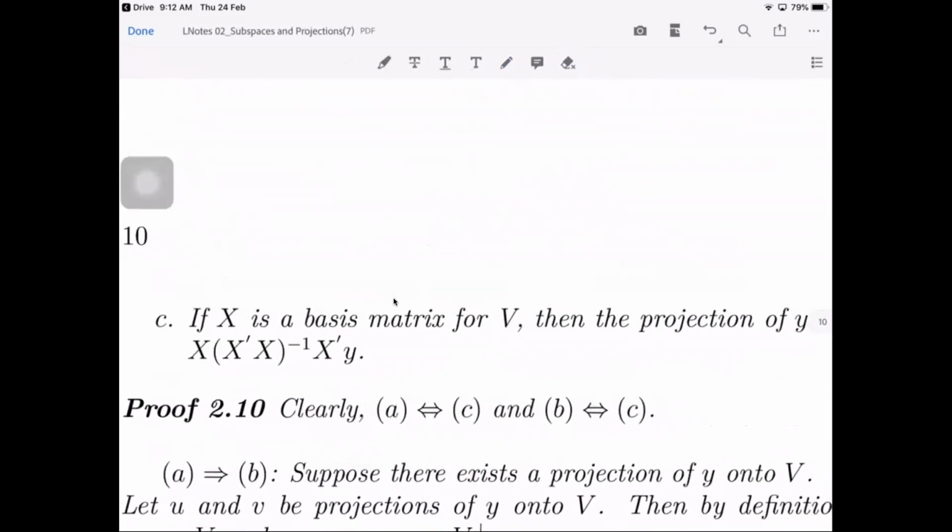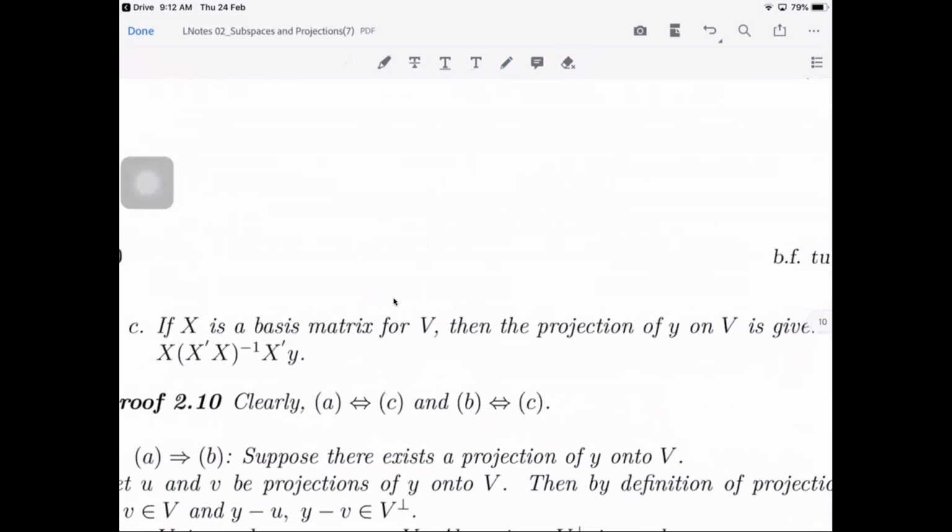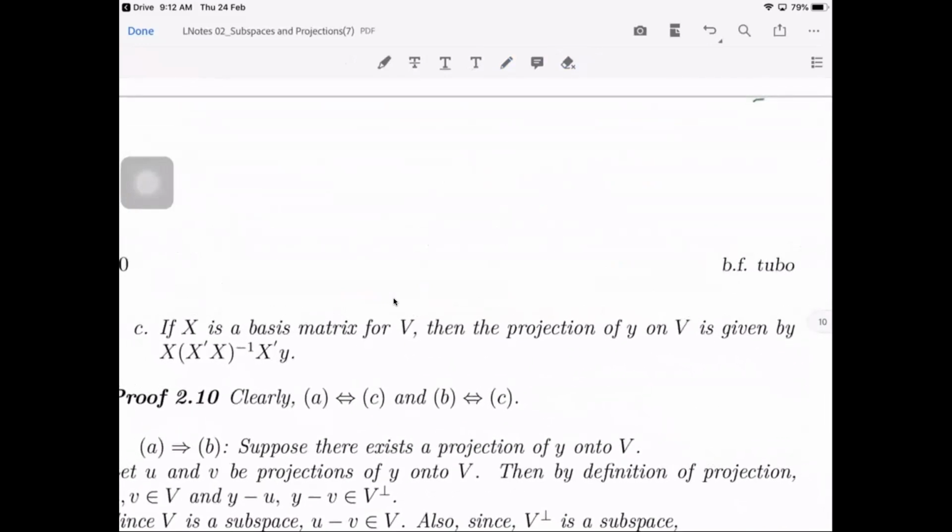And the third statement is, if X is a basis matrix for V. Again, what is the definition of a basis matrix?